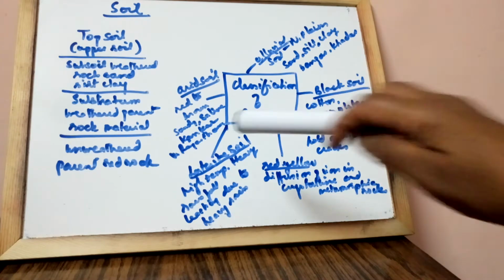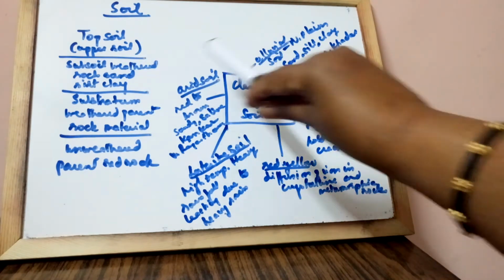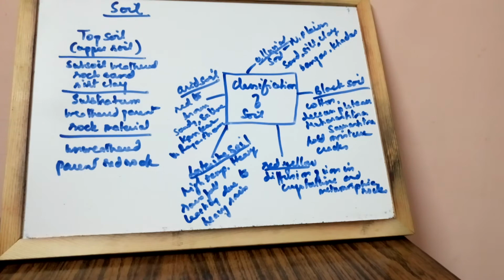Then at the upper portion you find subsoil weathered rock, sand, silt and clay. So here you find subsoil. That means it will not be in the rock form. The rocks are powdered. Rocks are in the semi or little smaller sizes of particles.